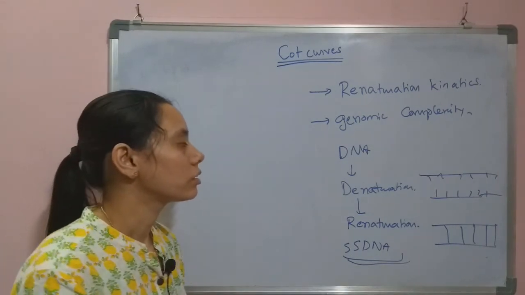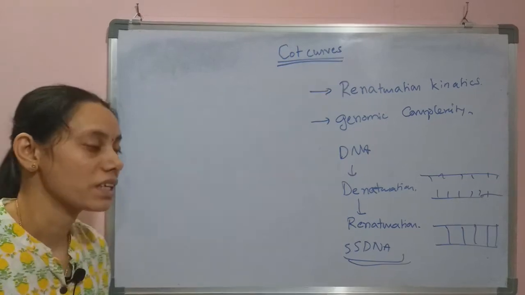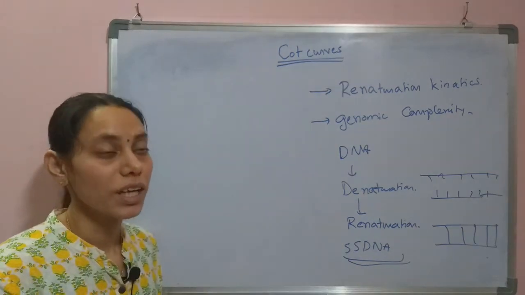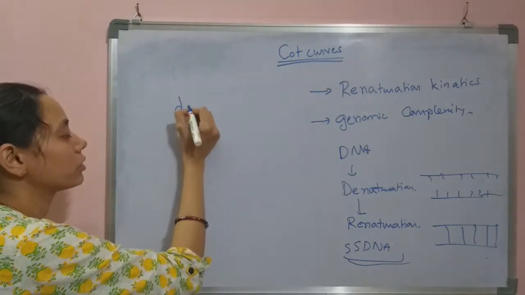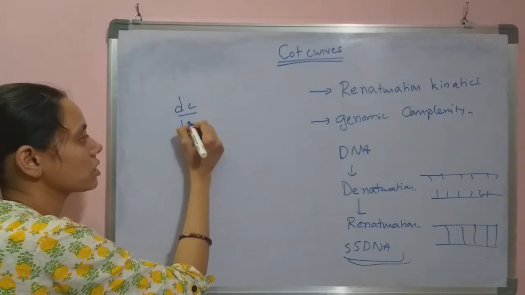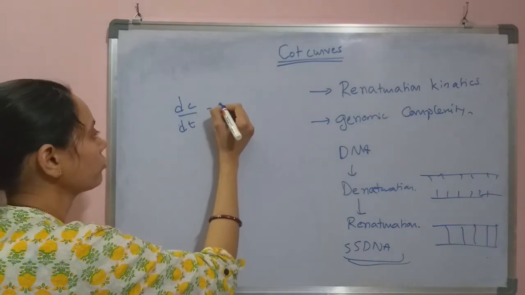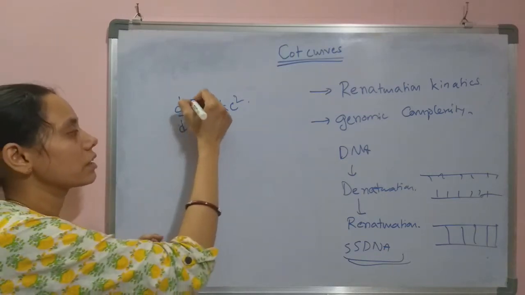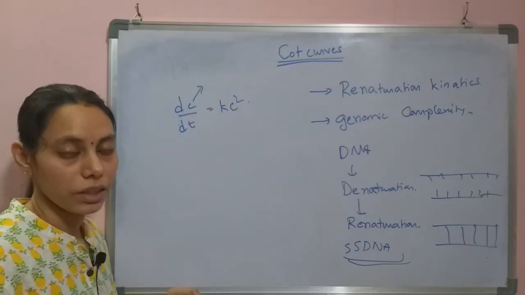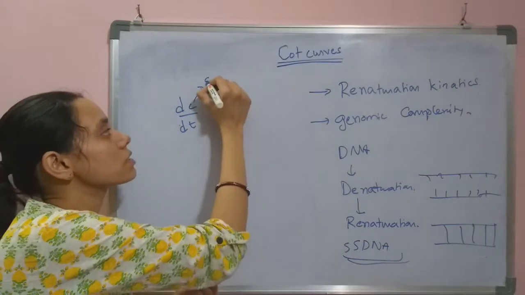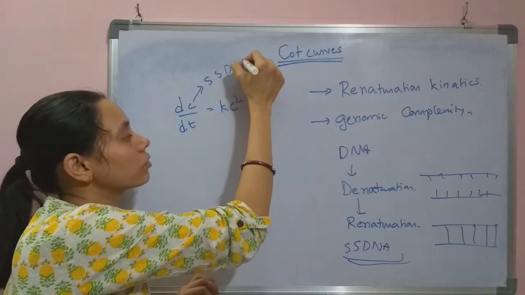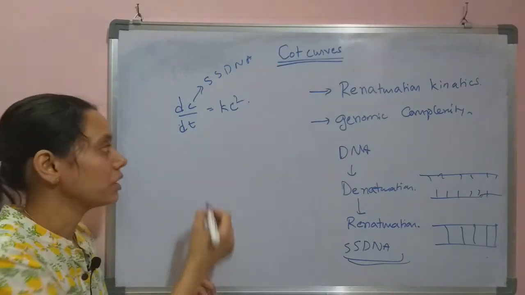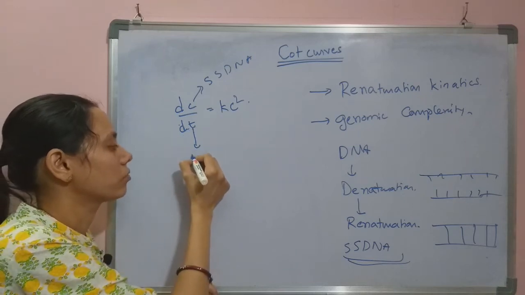This will be expressed in an equation like dC/dt = -kC². Here C indicates the content of the single stranded DNA present in the sample at time t.